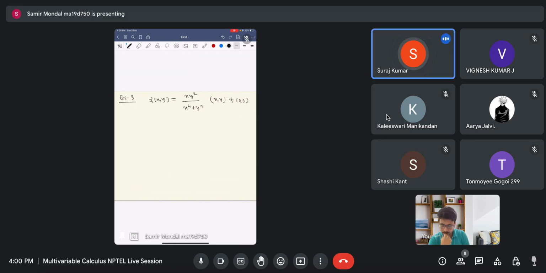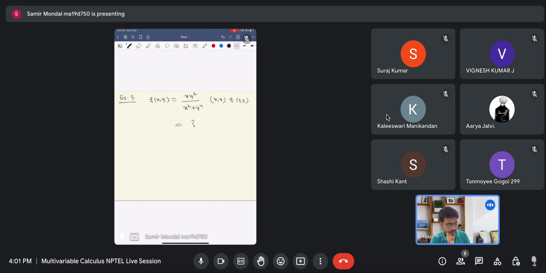f of xy equal to 0. You are telling the limit is 0? No, sir. f of xy equal to 0 is per the question, for 0 we don't know anything here.